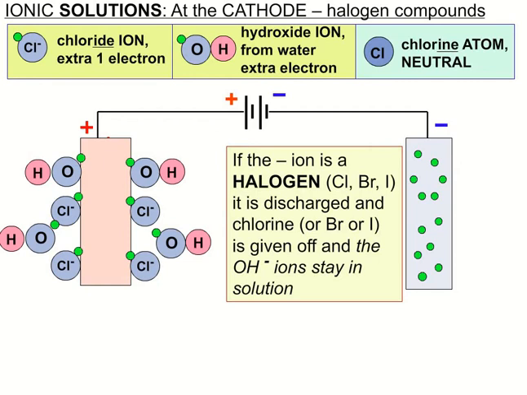Next, if the negative ion is a halogen, it is discharged and chlorine is given off, and the OH minus ion stays in solution.